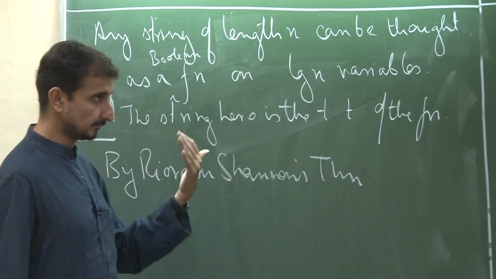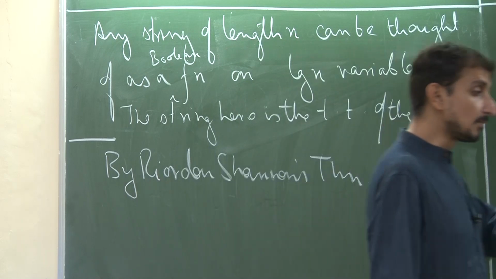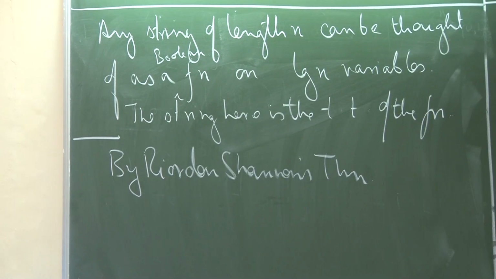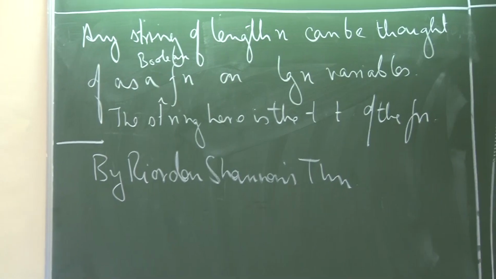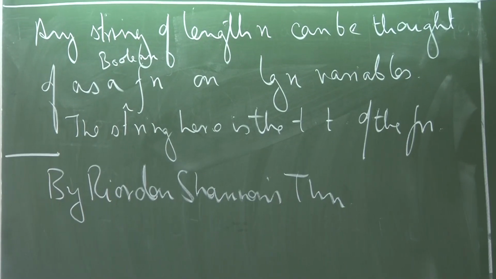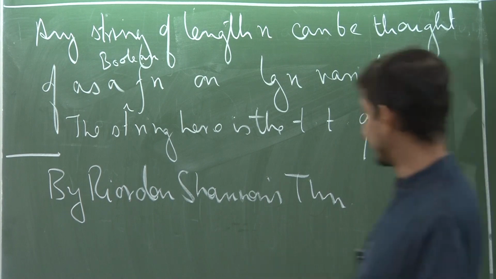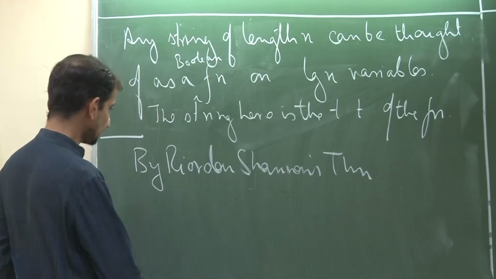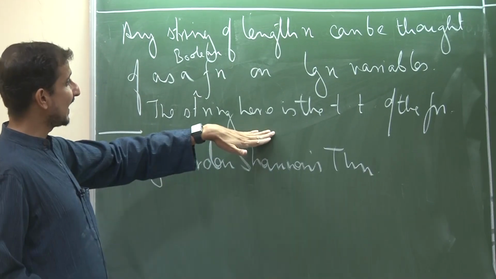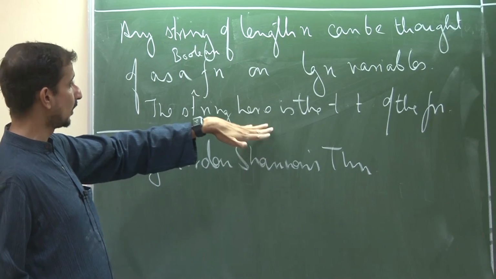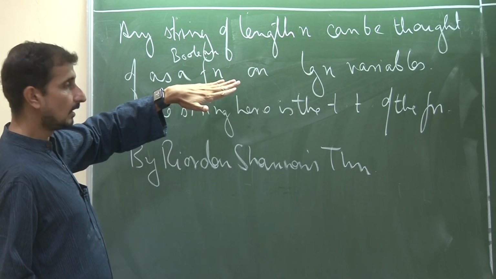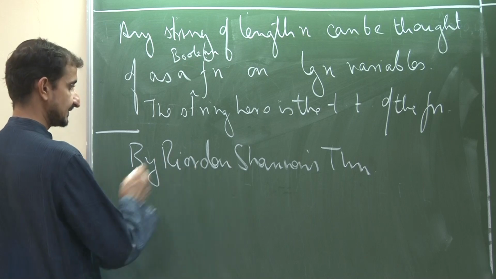It said a little more: for most functions on n variables, the formula size is at least 2 to the power n divided by log n. There was a delta also, but we can choose delta to be anything that we want. Here I have a function on log n variables.